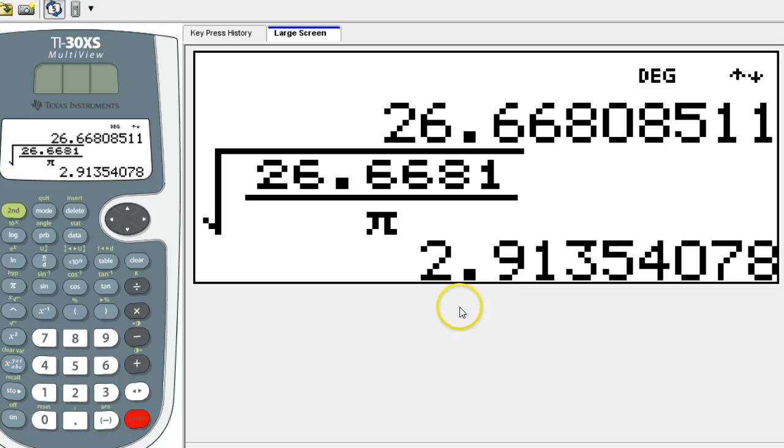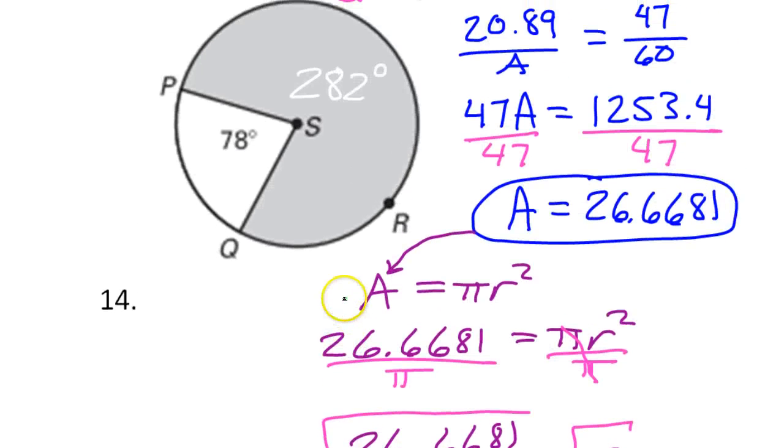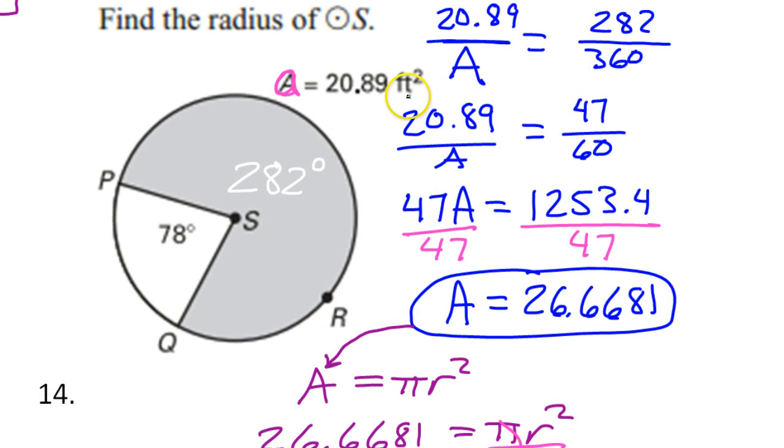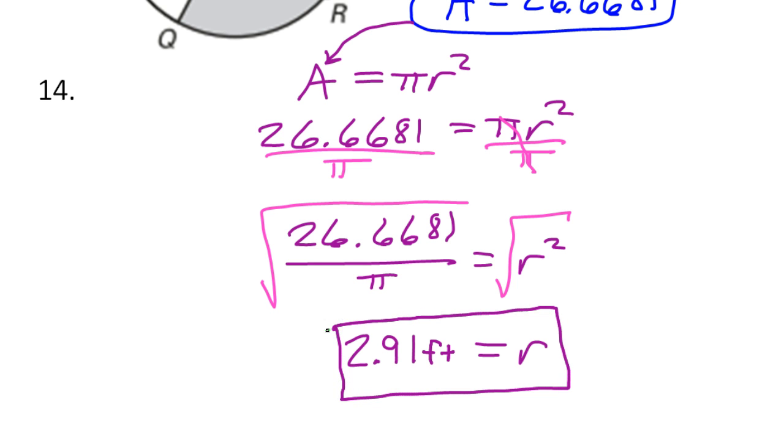That is 2.91. And the units were square feet. Now that we're down to radius, it will just be feet. So that is the answer for number 14.